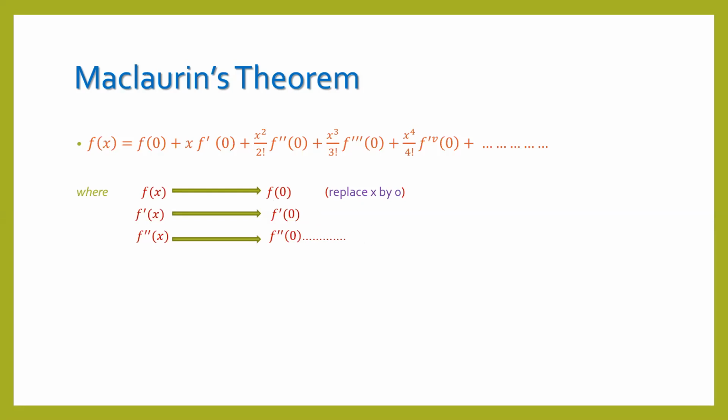Now let's solve an example based on this. Let's find the expansion of e raised to x in ascending powers of x. Now you know very well what the expansion of e raised to x is, but today we are going to derive it by using Maclaurin's theorem.